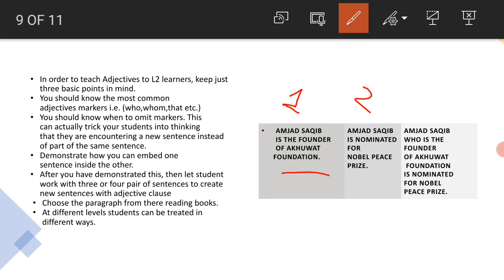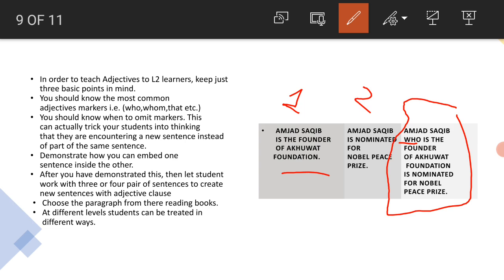Now, in this part, we have transformed these two different sentences with the help of relative pronoun into a single sentence. For instance, Amjad Saqib, who is the founder of Akhuwat Foundation, is nominated for a Nobel Peace Prize.